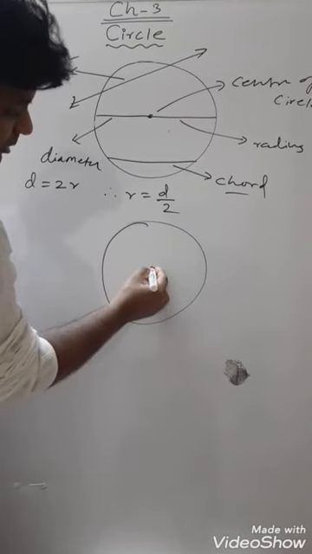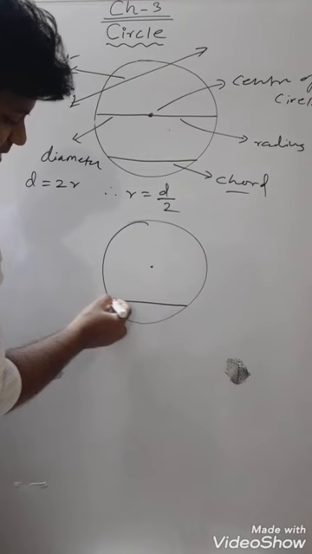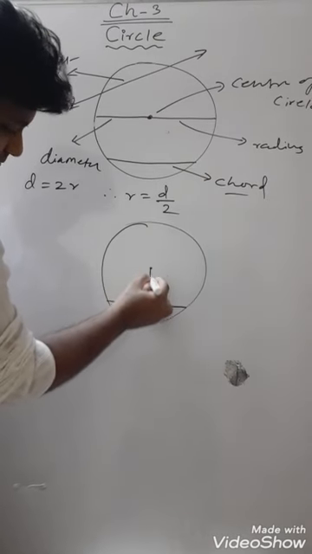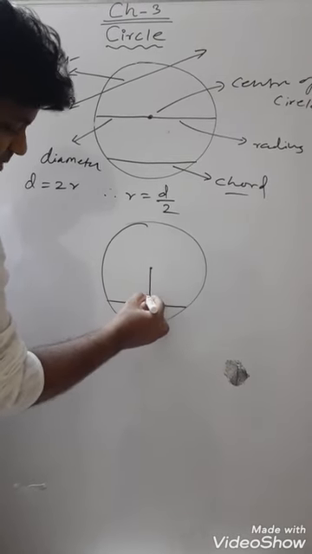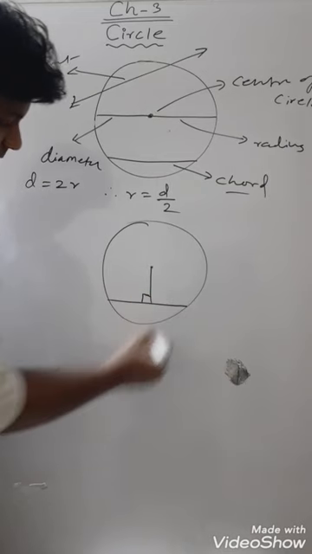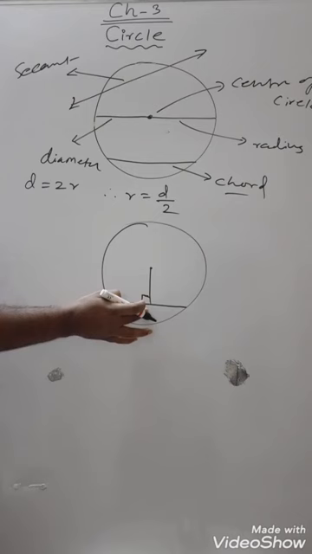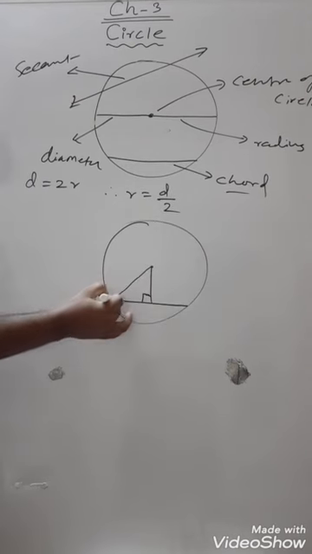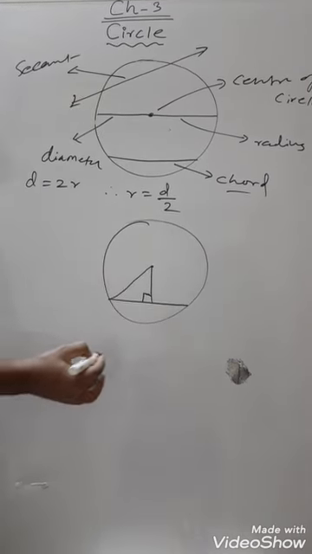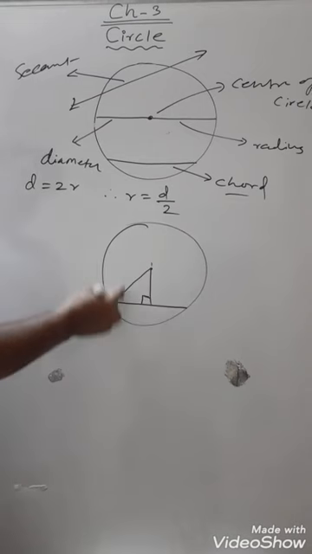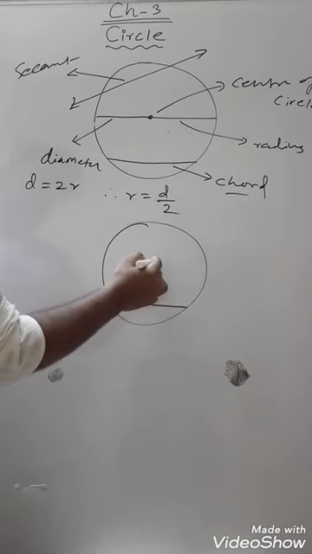Suppose here we drew the center and this one the chord, and the line drawn from the center to the chord is always perpendicular. So it is known as the distance from center to the chord, and this one is known as radius. So here we apply the Pythagoras theorem to find any one value.